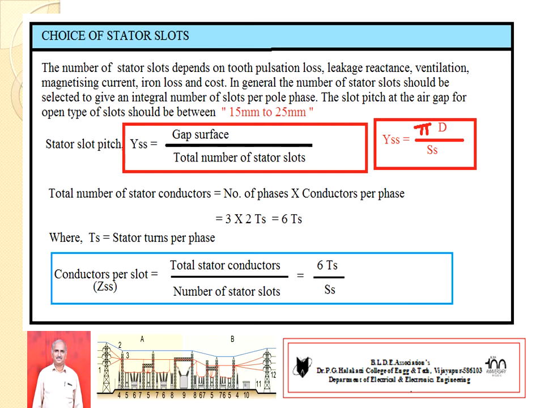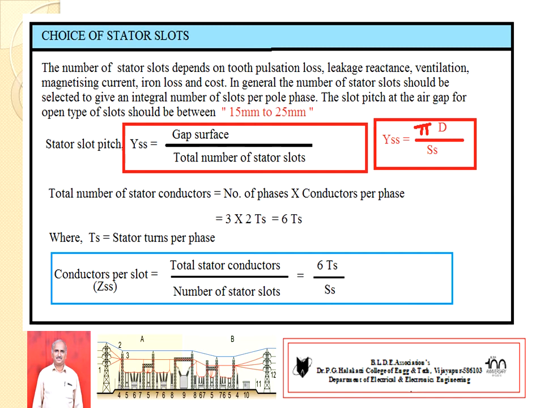So we know that the stator slot pitch YSS equals the gap surface divided by the total number of slots. Gap surface is pi d, total number of stator slots SS. Next we have to see the design of total stator conductors, which must be equal to number of phases into conductors per phase.